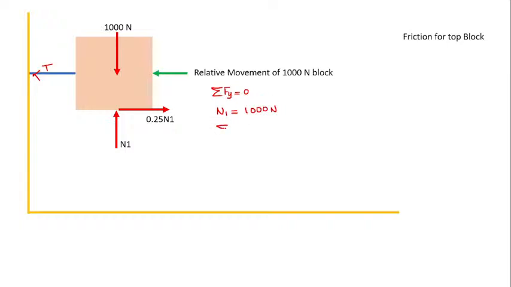Resolving forces horizontally, Fx equal to 0. Right side forces equal left side forces. Here T equals 0.25 N1, equals 0.25 into 1000, equals 250 newtons.